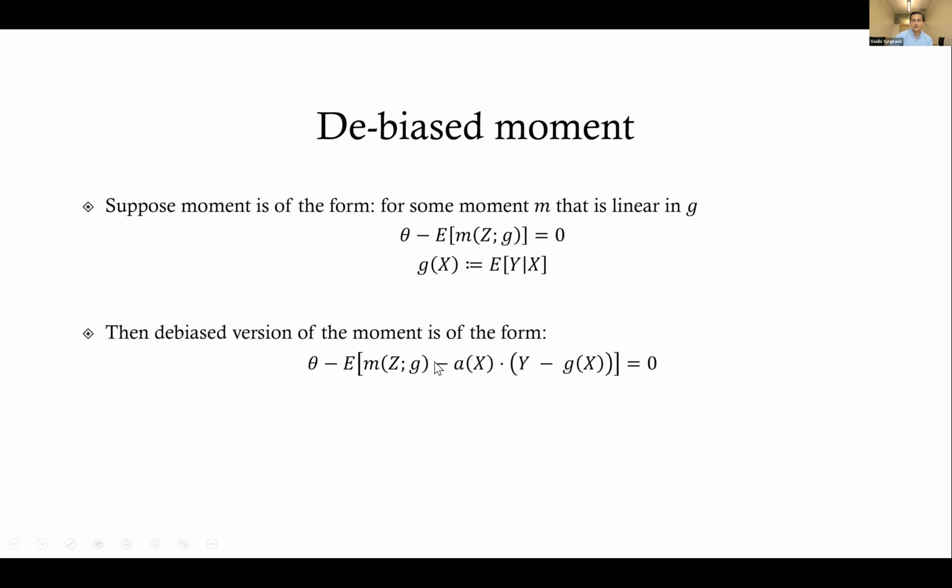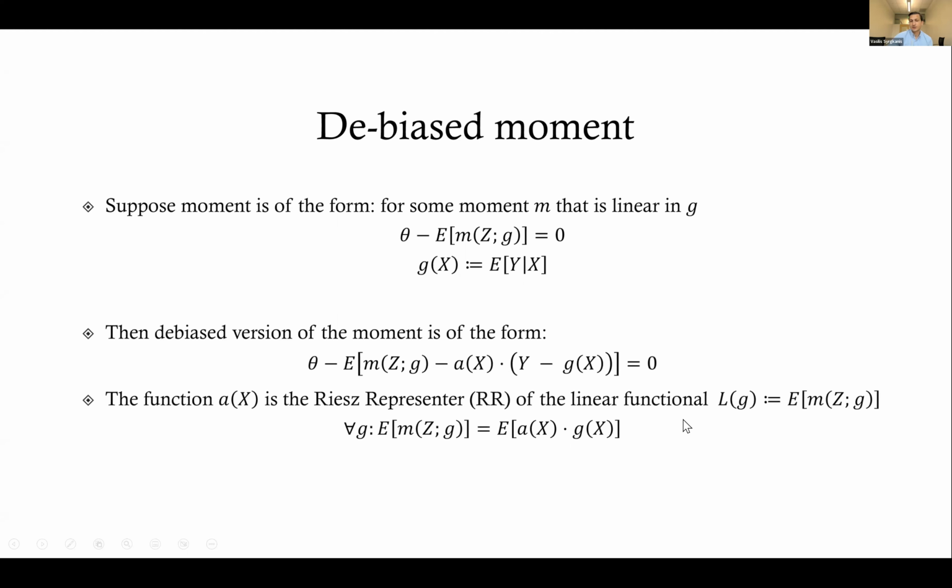And so here this should have been a plus, not a minus. So this is a general form of a debiased moment. And the intuition is, as I said, whenever g is biased, we're going to get some non-zero term, which is going to correct m. The main question is, what is this a that we need to multiply that residual with so that we correctly debias the target moment function m?